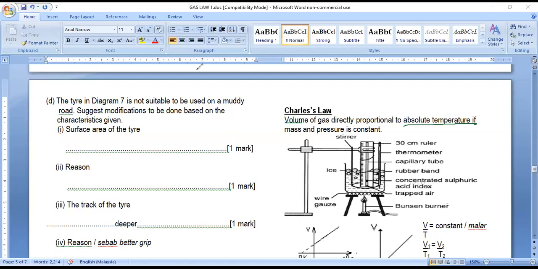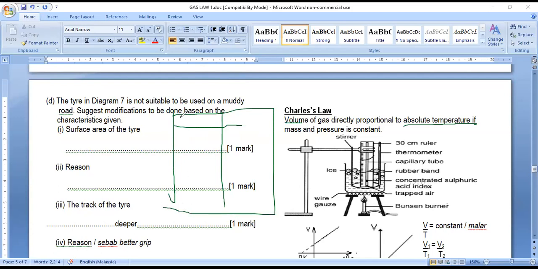So how are you going to conduct the experiment? Basically, you have two columns. The first column will be the temperature in degrees Celsius. The second column will be volume. Now the volume is represented by the length of trapped air.